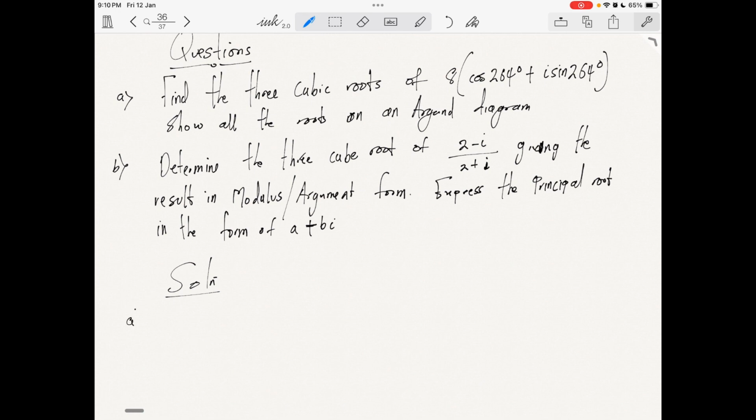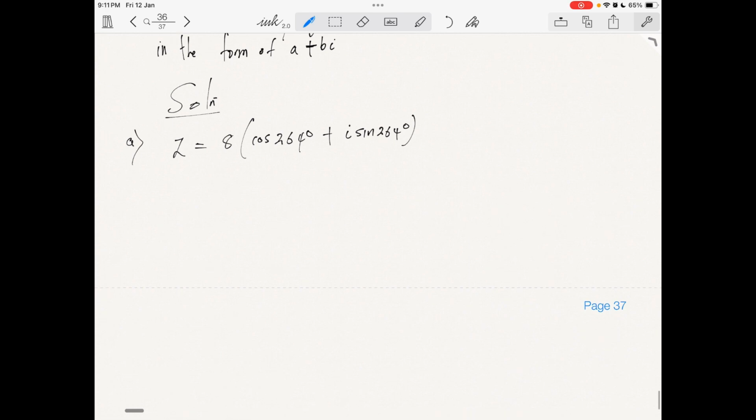So the first thing we can do is to write it as z, which is 8(cos 264 degrees + i sin 264 degrees). Since we are dealing with cube roots, we can change it to modulus-argument form.